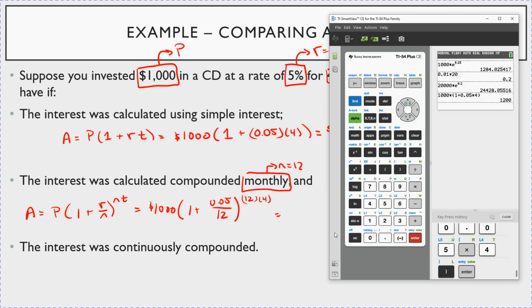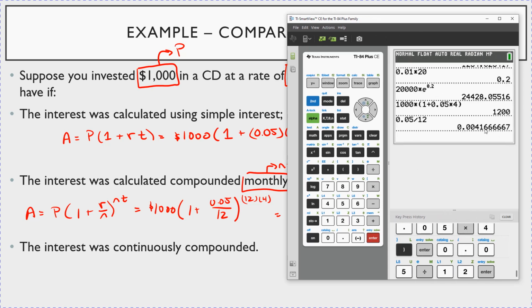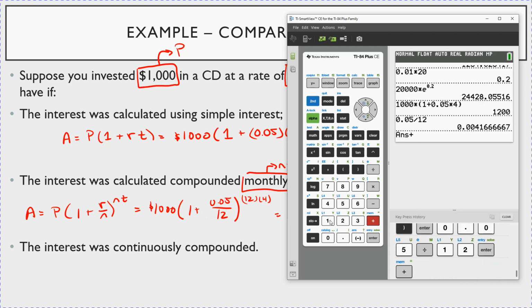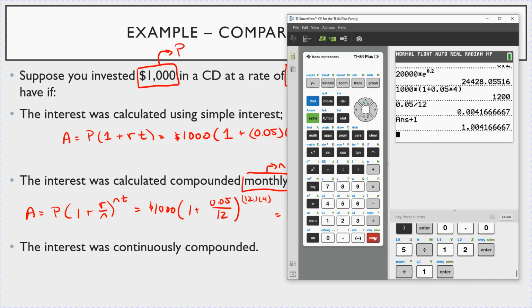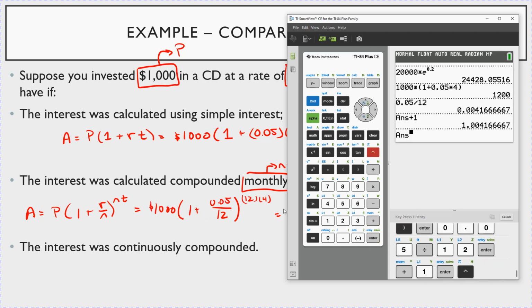So if you need to do this, you can go 0.05 divided by 12. Notice when you get a problem like this, watch how I do it. You notice how I get a non-repeating decimal. I'm going to add 1 because it's plus 1. And then I'm going to raise that to, well, what's 12 times 4?